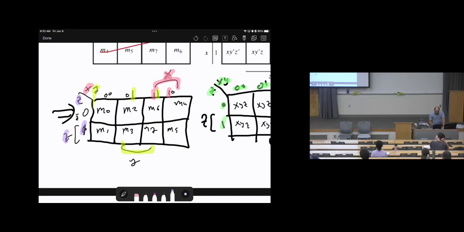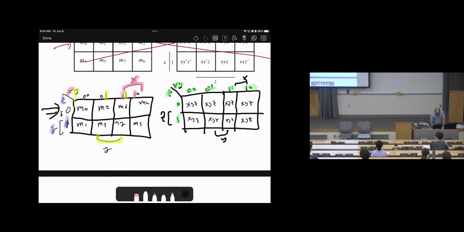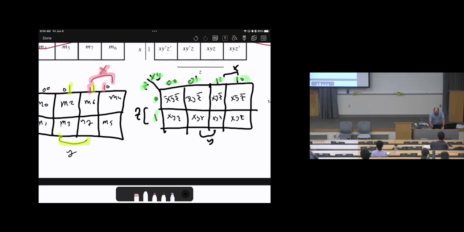Okay? To write the variables, in the first column, since all are zeros, it will be x bar, y bar, z bar. The second column, y is the only one non-zero, the rest are 0, so x bar, z bar. Then the third column, first row: x is 1, y is 1, z is 0, so z bar. Then there's y bar, z bar. Where is the location of the corresponding values?